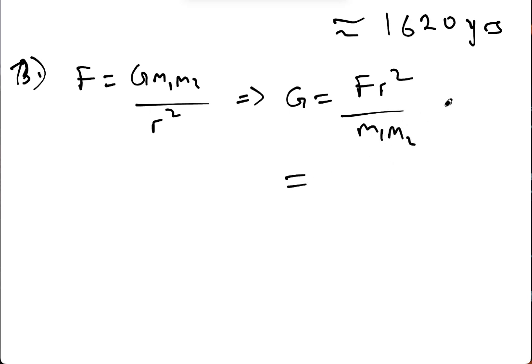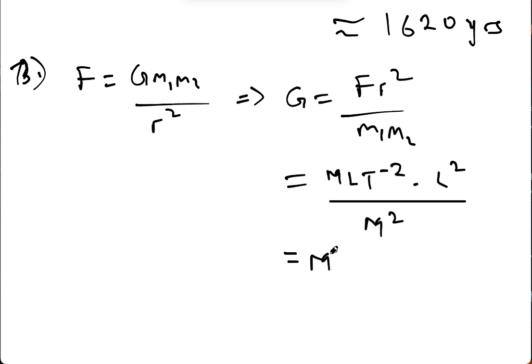The dimension of force is M L T raised to power -2. R gives L raised to power 2. Then m1 m2, both in kilograms, give M raised to power 2. Reducing further, M is raised to power -1, L to power 3, and T to power -2. So respectively, the values will be -1, 3, and -2.